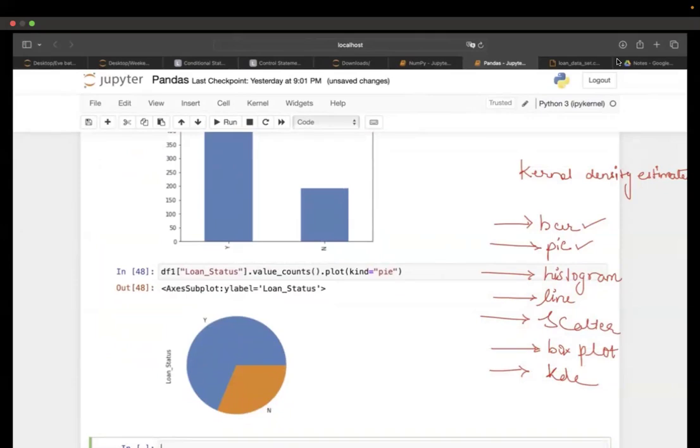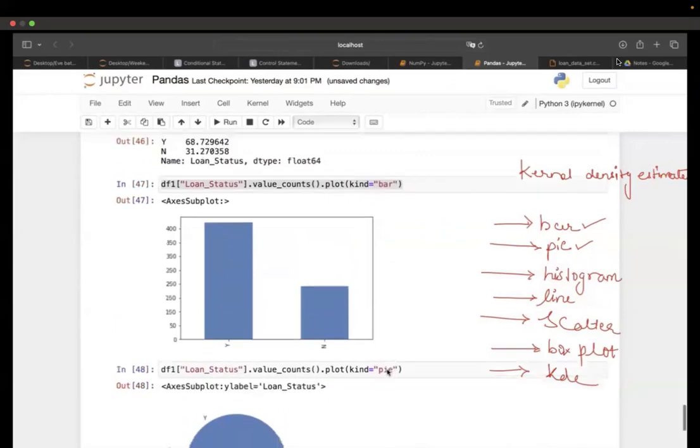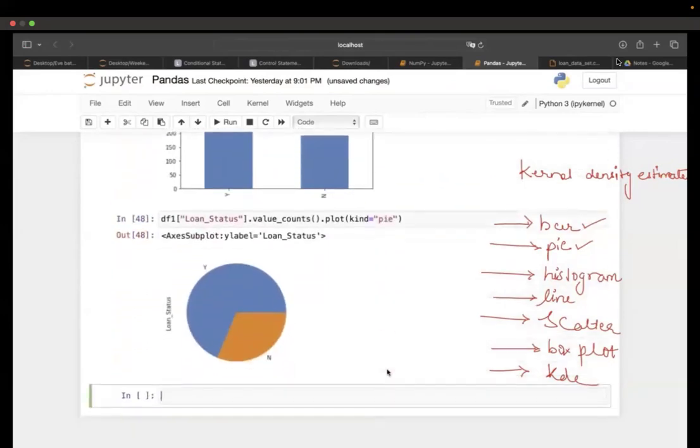I cannot see the percentages in the pie. I cannot see the x-axis and y-axis names or labels properly. I cannot see the name of the graph. If I want to change the color of the bar, it is not possible as well. So these are some of the disadvantages while we create graphs with the help of pandas. We only create such graphs for understanding and visualization purposes while doing the analysis.